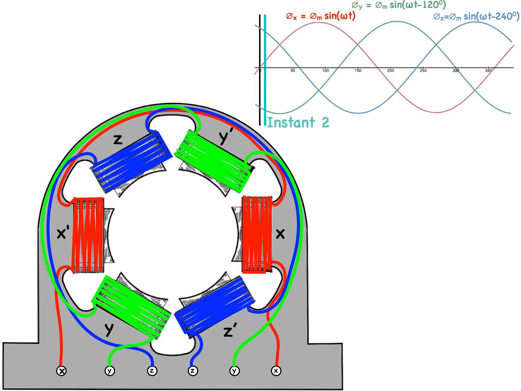We now will move to instant number 2, which is at 30 degrees, meaning that omega t is equal to 30 degrees. At that point, the magnitude of the red phase is phi m all over 2. The magnitude of the green phase is phi m.